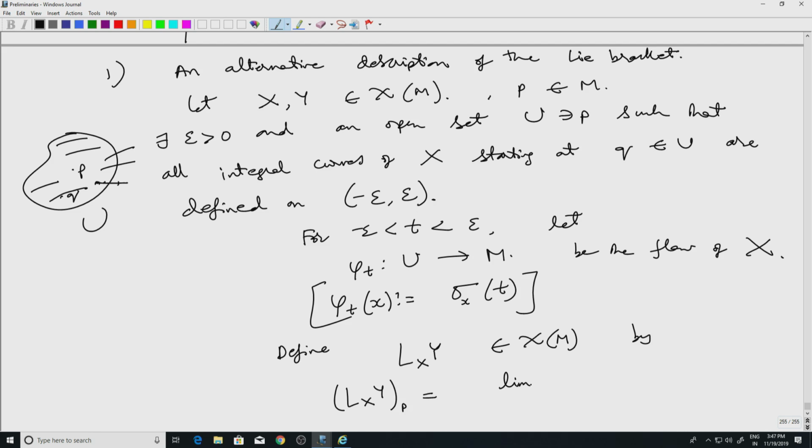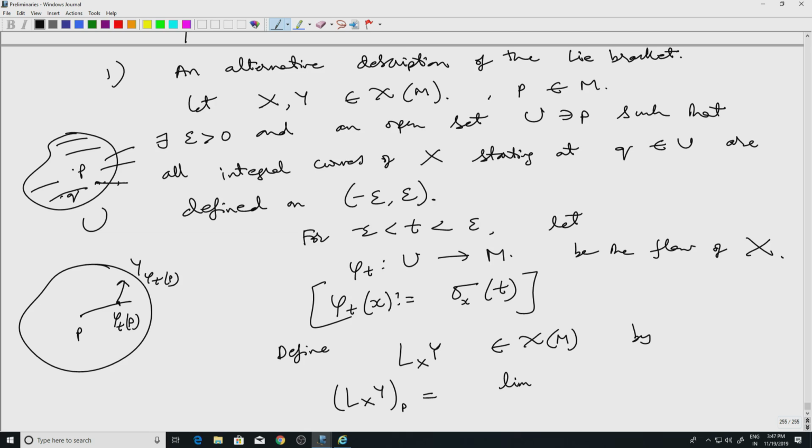So the idea is as follows. Here's my point P. I travel along the integral curve for time t. In other words, I see where the flow phi t takes this point to. At this point, I have the vector field Y. So if this is phi t of p, at this point I have Y at phi t p.